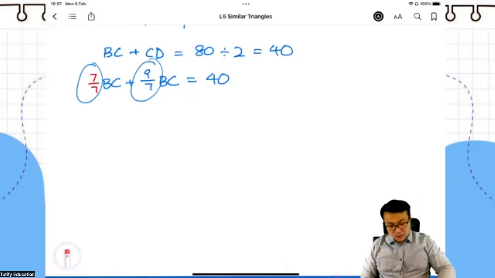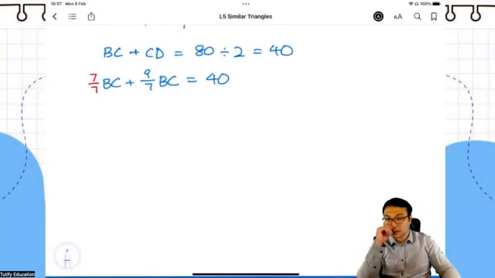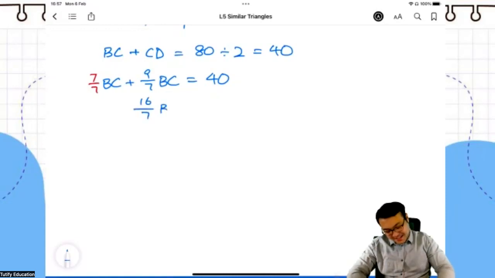No. 7/7 plus 9/7 equals 15/7 equals... Stop. I don't want a mixed number. I want an improper fraction. Okay, so 15/7. No. 7 plus 9, oh wait, no, 16/7. Careless.